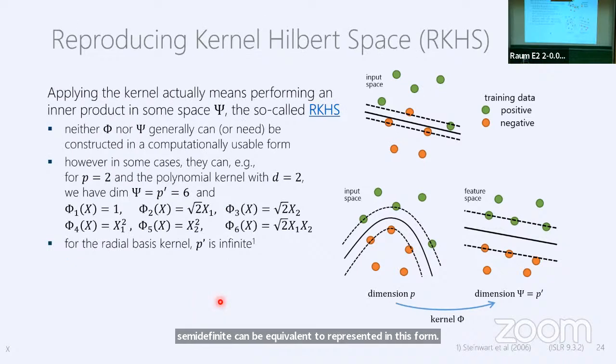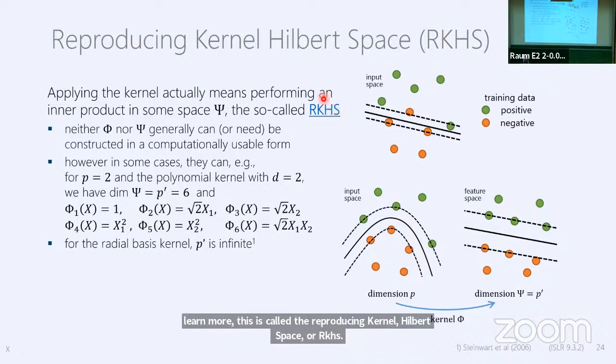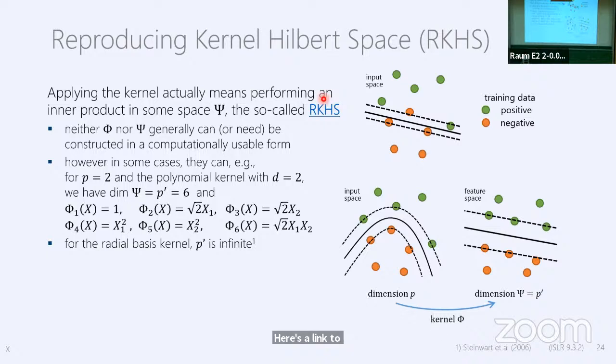Applying the kernel, we do a transformation into some other space phi and then do the dot product. If you want to learn more, this is called the reproducing kernel Hilbert space, or RKHS. Here's a link to the Wikipedia article, but you don't need to know all the details. Just know that this other space exists.